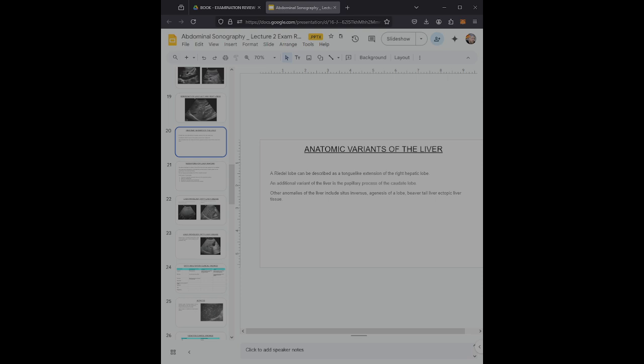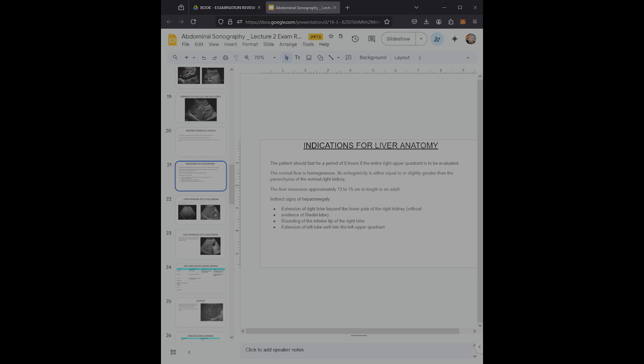An additional variant to the liver is a papillary process of the caudate lobe, an inferior extension of the caudate lobe, and it can resemble a mass. We can have other abnormalities such as situs inversus or agenesis of a lobe. We can have a beaver tail or ectopic liver tissue.